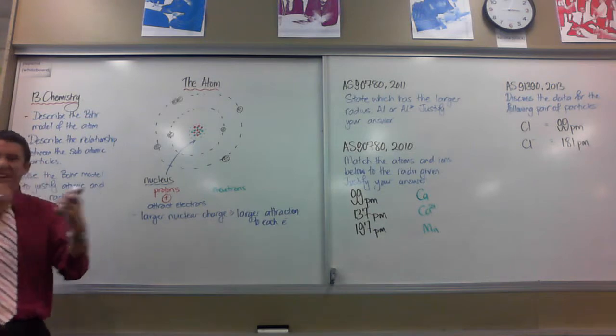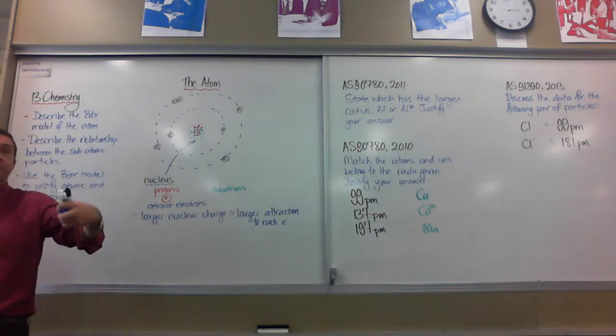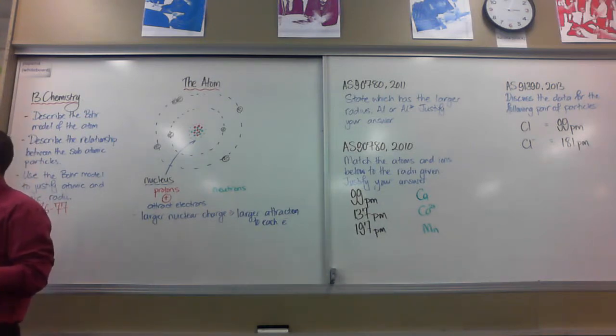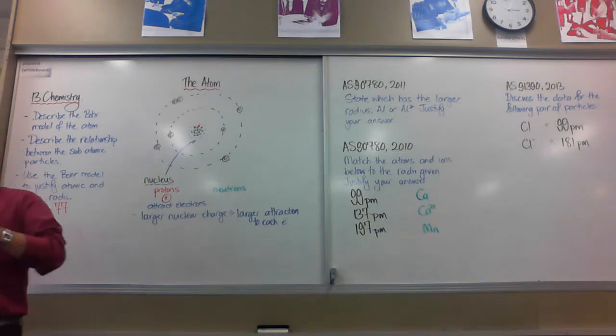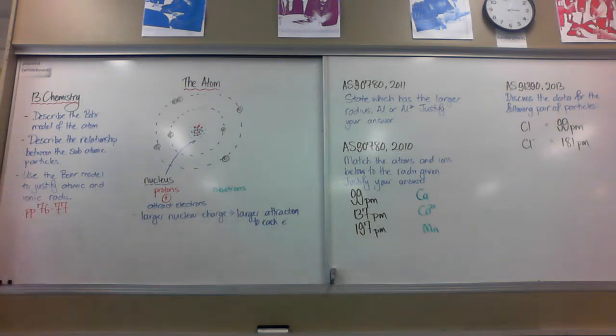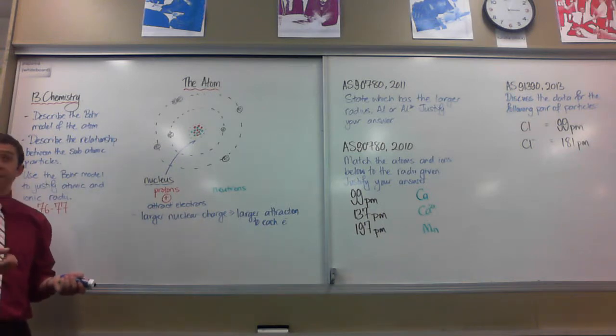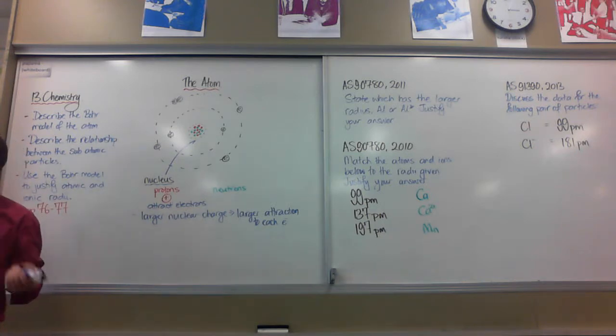It's going to attract each electron just that little bit more for every one more proton that's in that nucleus. So if I was to look at aluminium, I'd expect it to have less pull on its electrons than chlorine does. 13 protons versus 17.